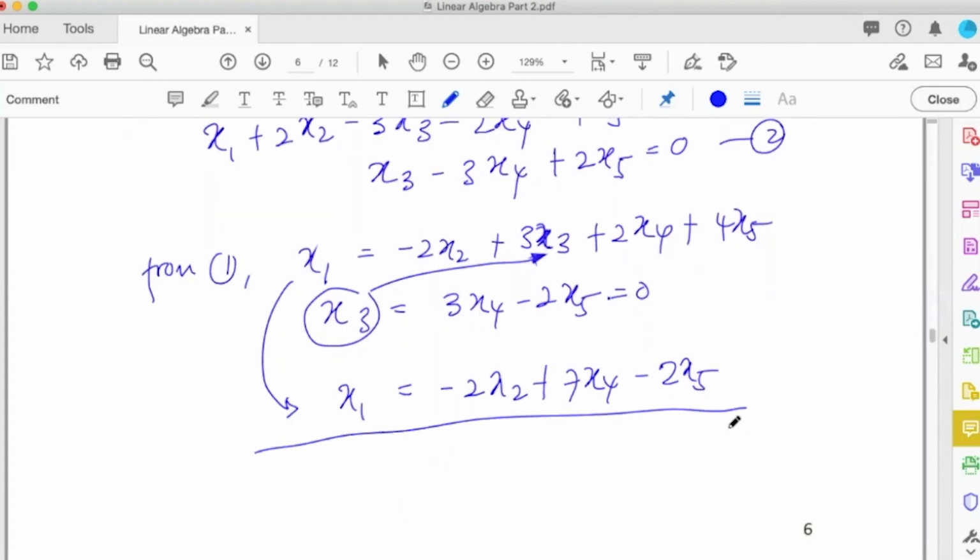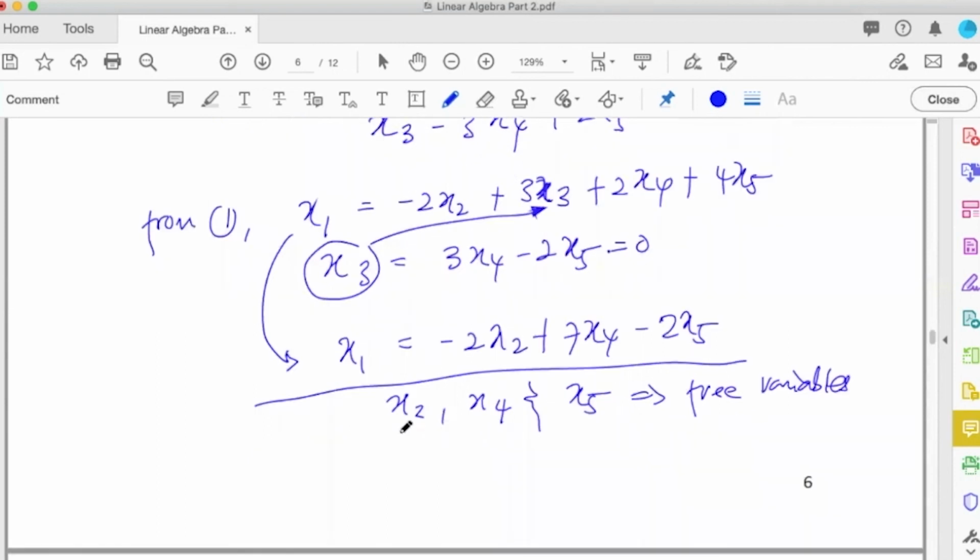What that tells you is that your solutions for x1 and x3 depend on x2, x4, and x5. So they are called free variables. These free variables can take any value. Once they take values, you will have various solutions for your x1 and x3. In that case, we can say that this system has many solutions.